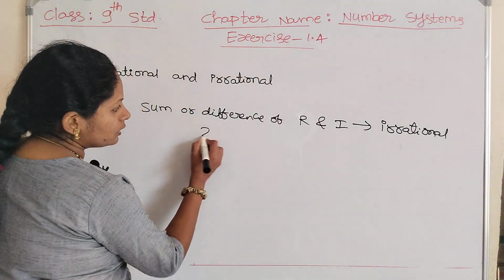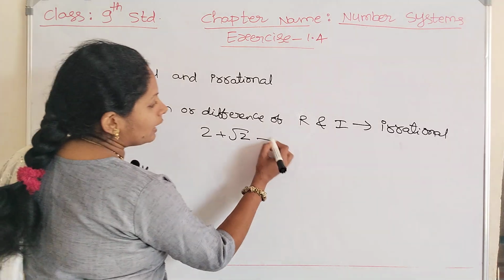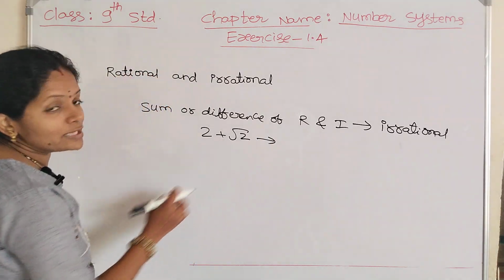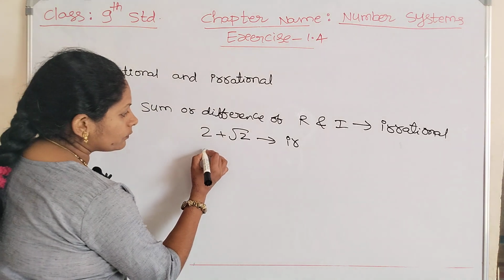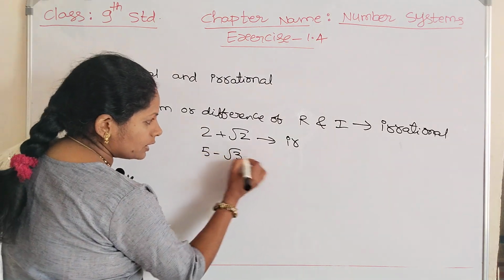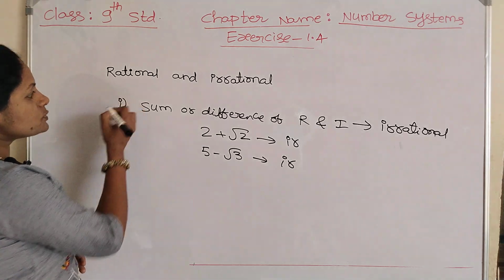For example, 2 is a rational number plus root 2 is irrational. After adding these two numbers, we get an irrational number. In the same way, 5 minus root 3 is also an irrational number. This is about the first point.